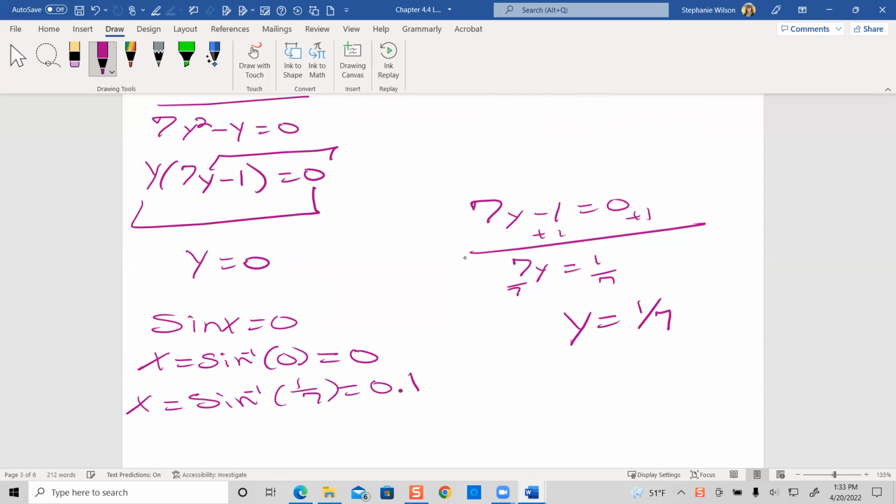So now we have some values going on. We got 0, 0.1. And you just keep looking and you'll find more values. In this case here, we're going to find 3, 3.1.